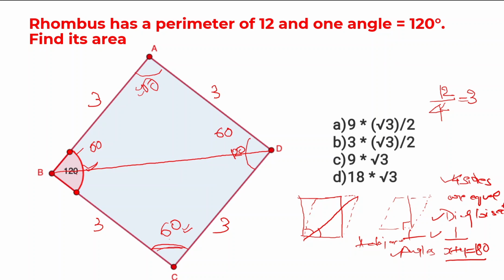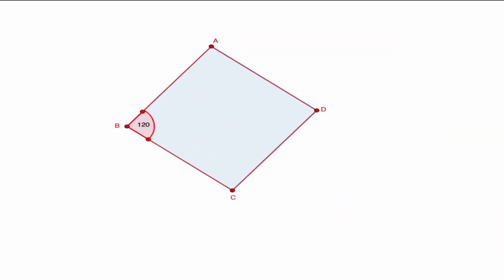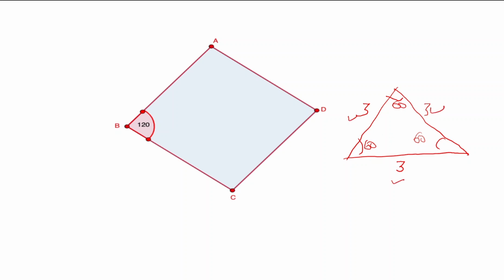Now if I draw a triangle, this is 60, this is 60, and this is 60, this is 3 and this is 3, and can you see all of these three angles are equal, so it will become an equilateral triangle. So if it is an equilateral triangle, all three sides are also equal.